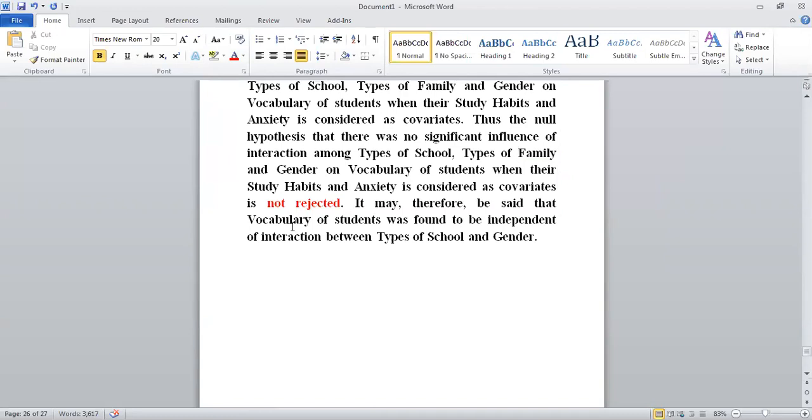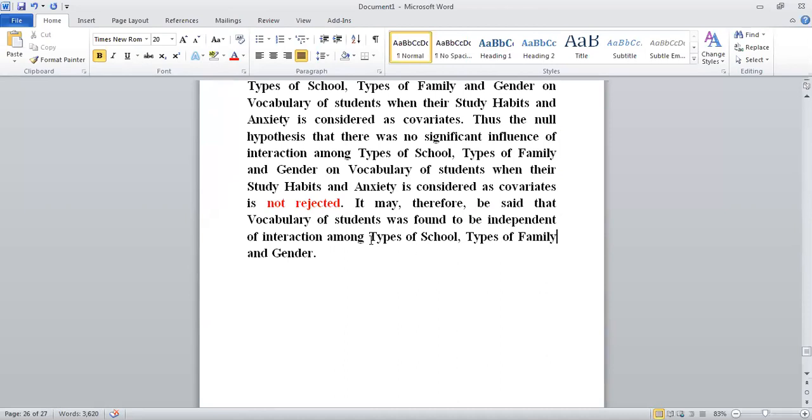It may therefore be said that vocabulary was found to be independent of interaction among types of school, types of family, and gender.